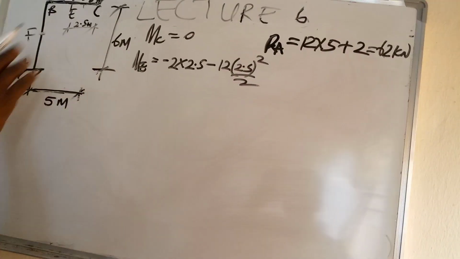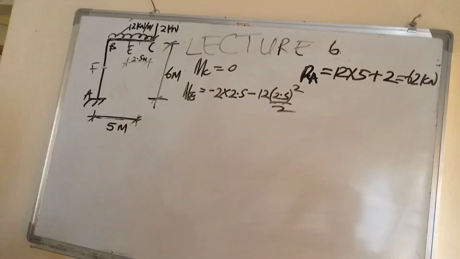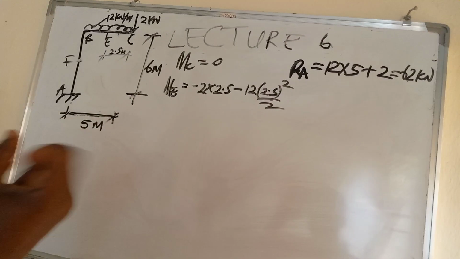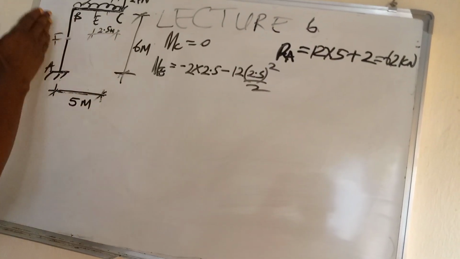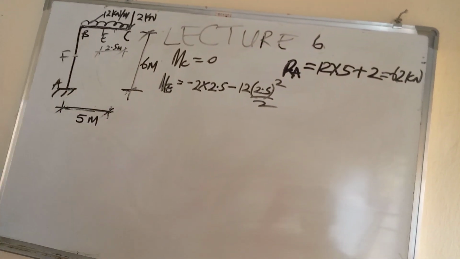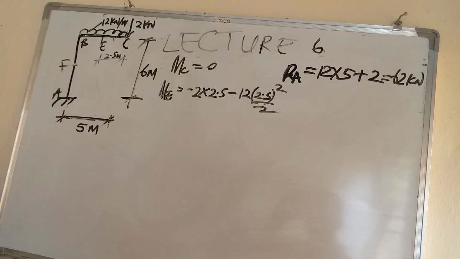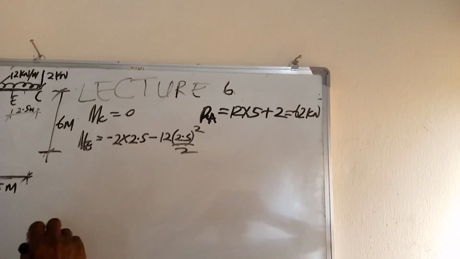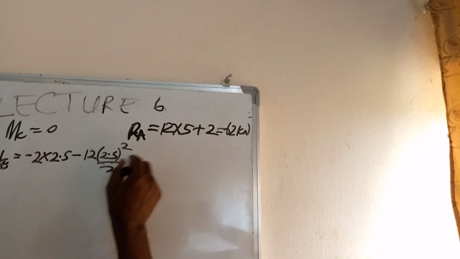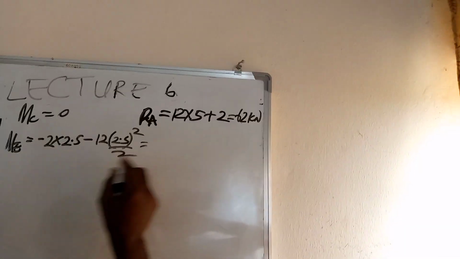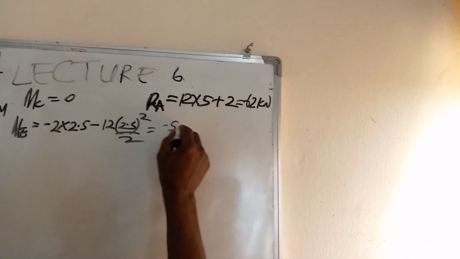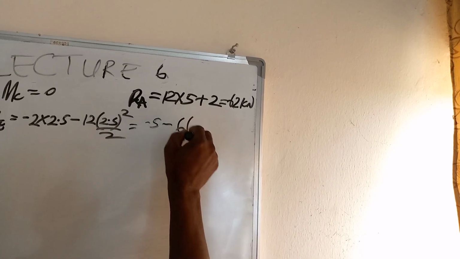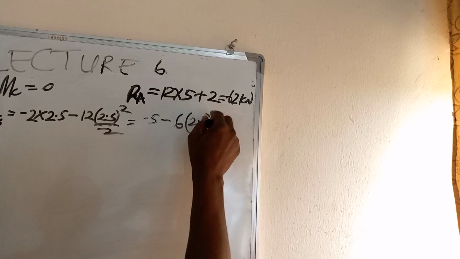That's from E to C, 2.5 times 12 as a bunch of load, then times half of the distance, because we're taking moment at E. That is minus 5 minus 6 times 2.5 squared.